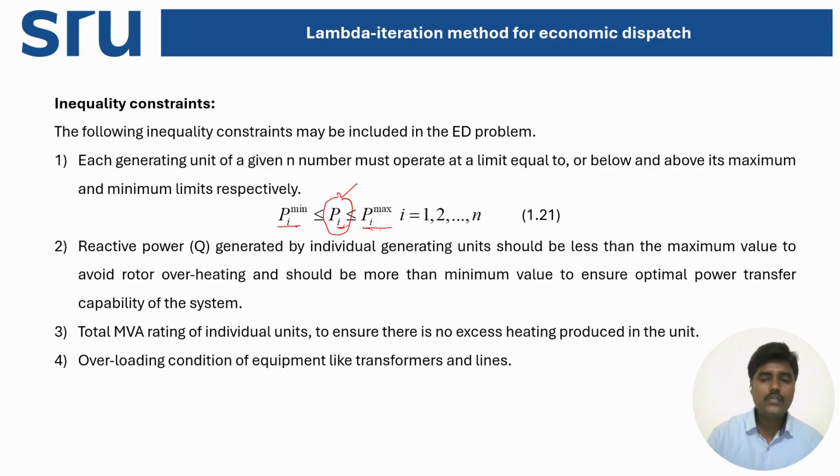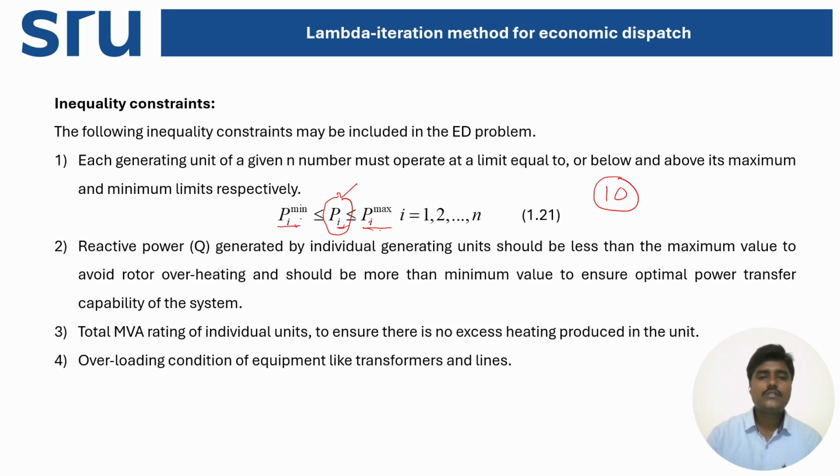It is not only one unit. Suppose there are 10 units available in one power plant, all the units should be operated within this limit, Pi minimum less than or equal to Pi less than or equal to Pi maximum. This is the first constraint.